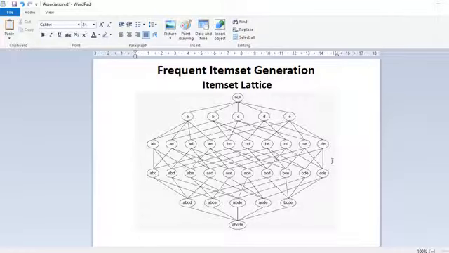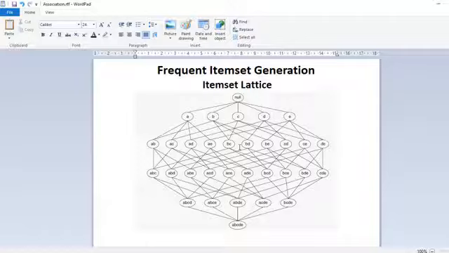Then you generate all possible 3 candidate item sets at this layer, 4 candidate item sets, and finally the item set with all the candidates. So in this way, using the lattice structure, we can generate all the possible item sets.